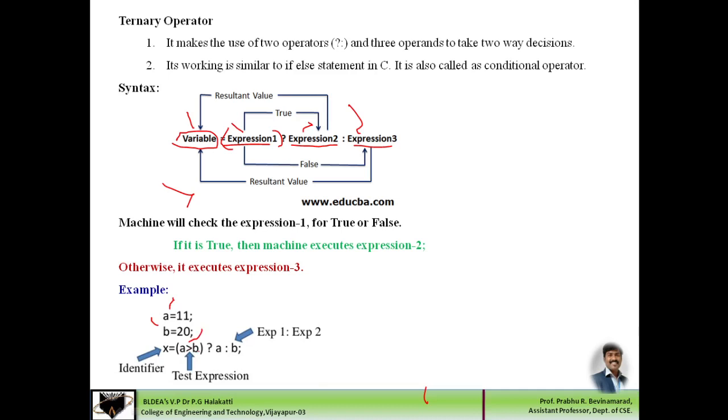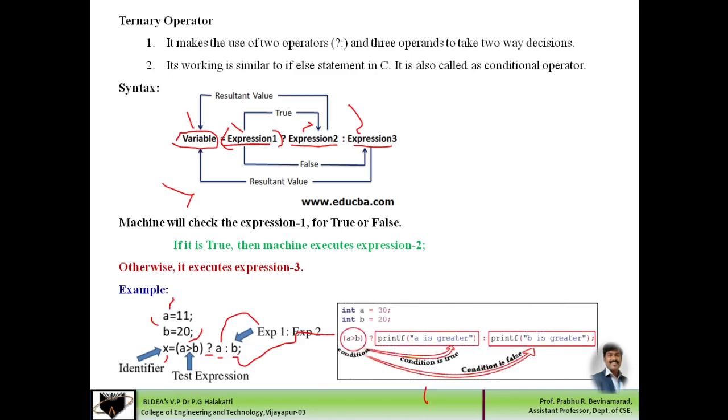I write A greater than B, I put a question mark, and then I write A colon B. So this is expression 2 and this is expression 3. If this condition is true, then A will be stored in X, otherwise B will be stored in X. So in variable X we will have the content of whichever one is greater.